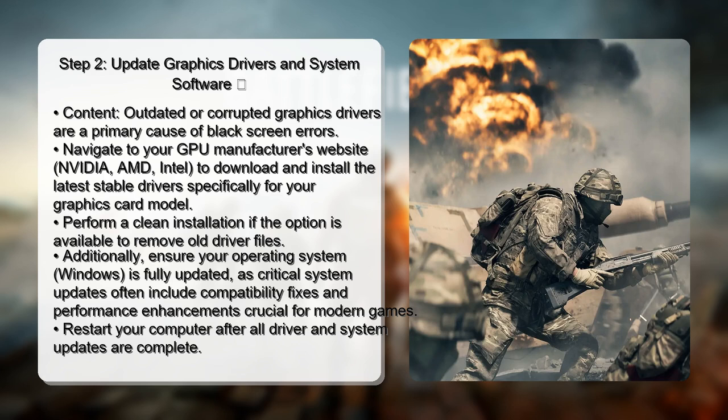Perform a clean installation if the option is available to remove all old driver files. Additionally, ensure your operating system, Windows, is fully updated, as critical system updates often include compatibility fixes and performance enhancements crucial for modern games. Restart your computer after all driver and system updates are complete.